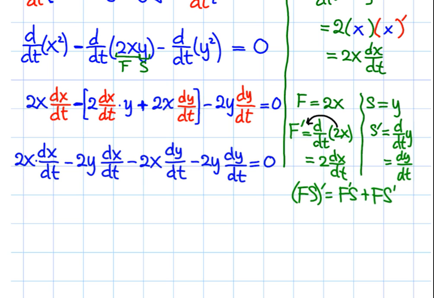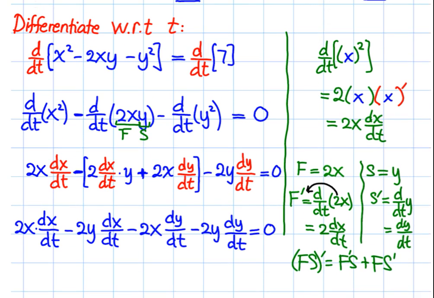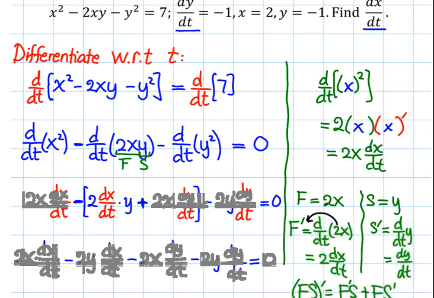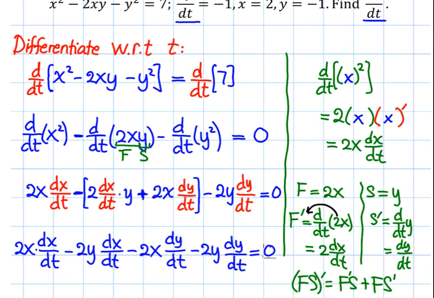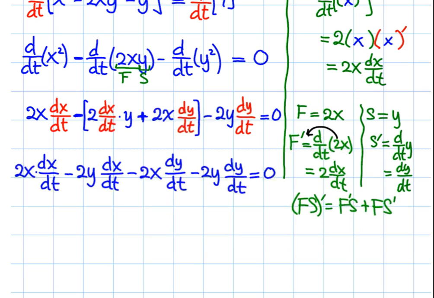Right, now let's go back to the original problem. We have dy over dt, x, y. We're looking for dx over dt. So let us write that out.